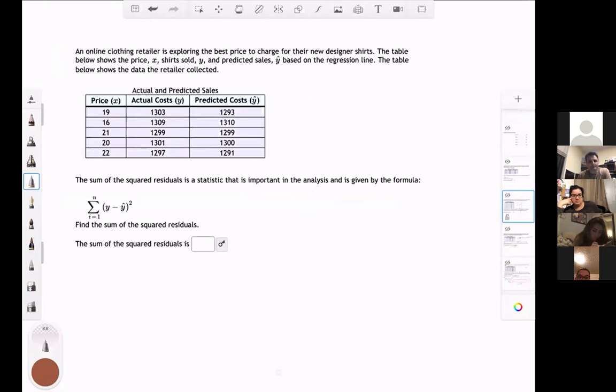Fancy question. I think that's the last question for tonight. So let's solve this one.